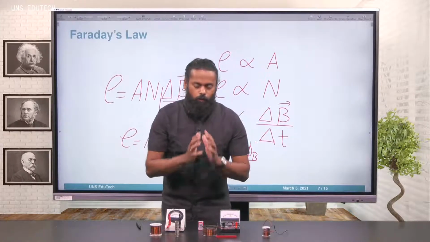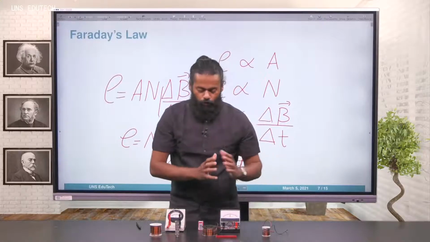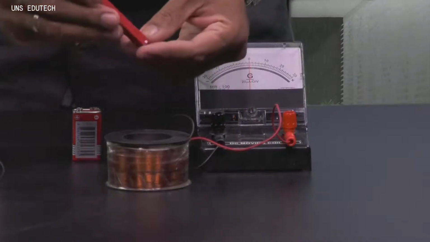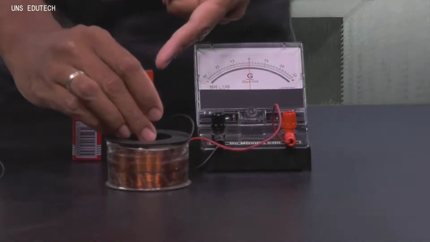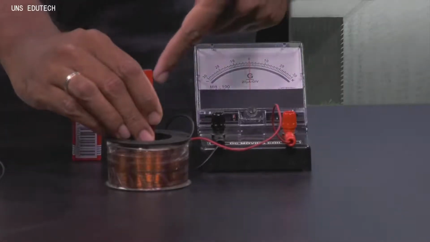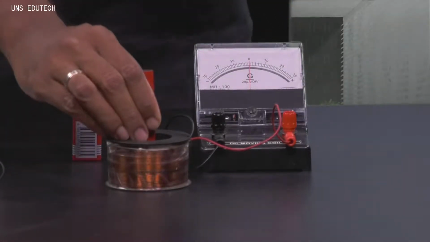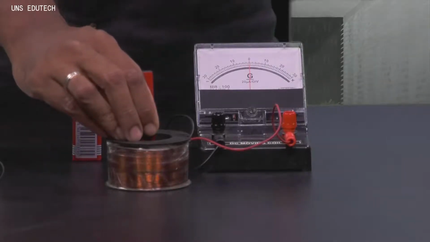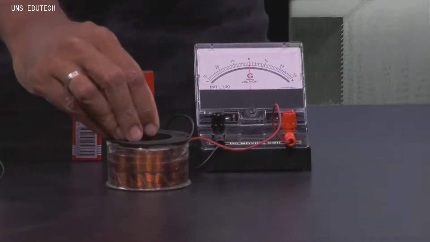All of you listen, this is a very key point in this experiment. When you are entering the north pole into the system, a current will be induced in this coil. That induced current will produce another magnetic field, which you already studied. In class 10 you studied that when current passes through a conductor, a magnetic field is generated.